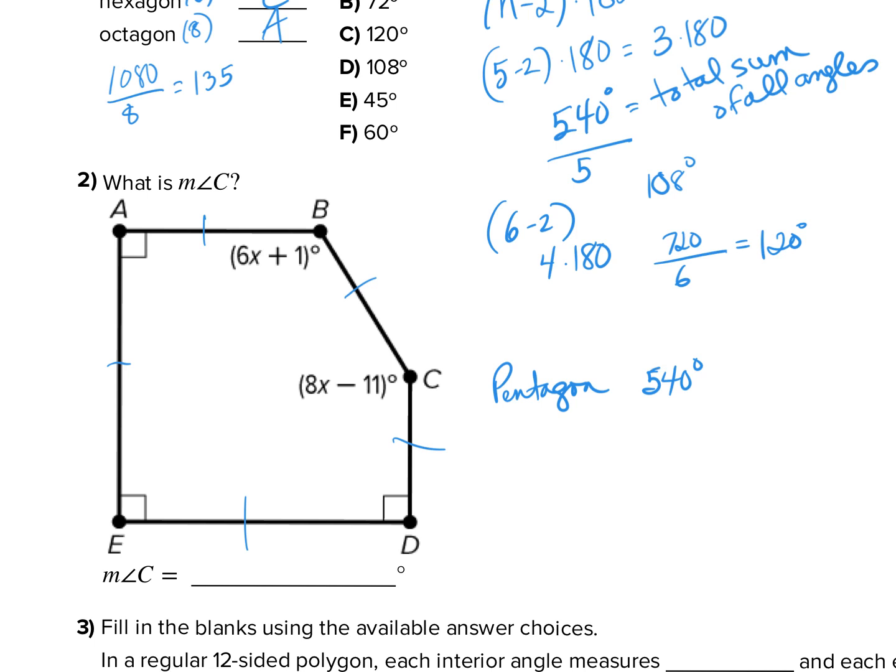And we want to find the measure of angle C. Well, I have 3 90-degree angles. So the first thing I'm going to do to make my math easier is subtract 90 degrees from my total of 540 to determine how many degrees are B and C.